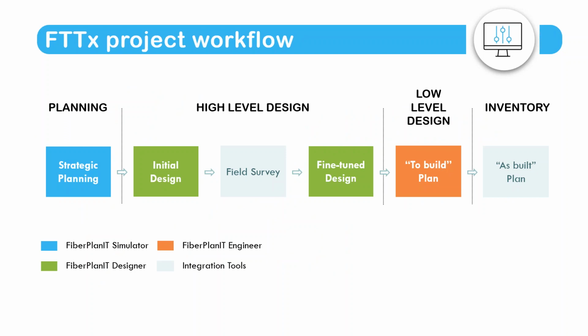Now, let's start off with taking a look at the workflow for an FTTx project from planning up until operational stage. So at the beginning of your project, you have the strategic planning stage where you need to decide on the type of architecture that you will use, whether you go for fiber to the home deployment or maybe G.fast or DOCSIS 3.1 if you have existing infrastructure, or maybe fiber to the building.